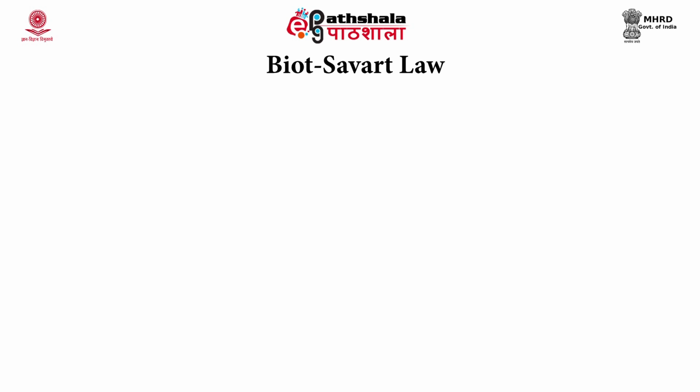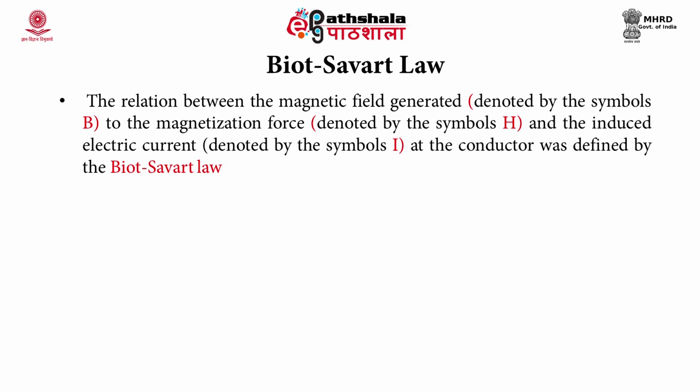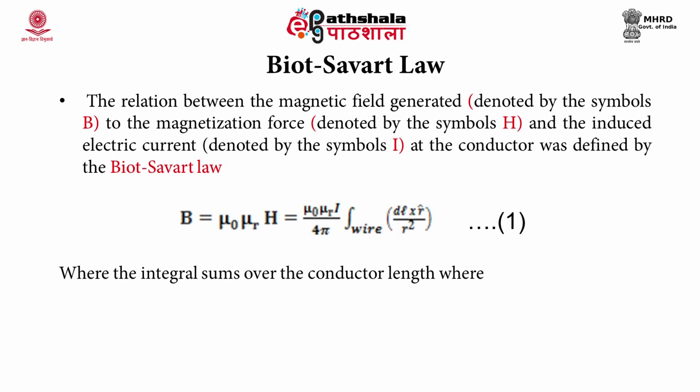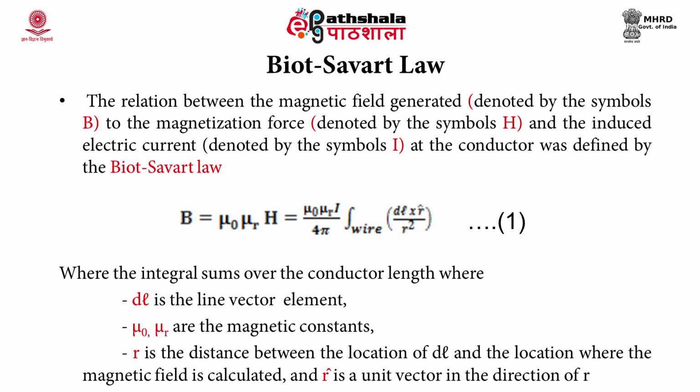Let's see Biot-Savart law. This states the relation between the magnetic field generated, denoted by the symbol B, the magnetizing force denoted by the symbol H, and the induced electric current, denoted by the symbol I, at the conductor. In this equation, B is equal to mu 0 mu r H, and it is further integrated.